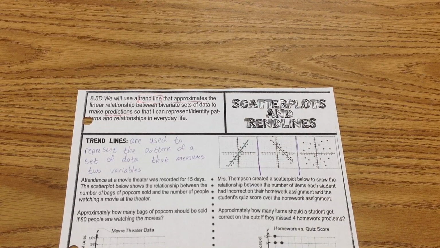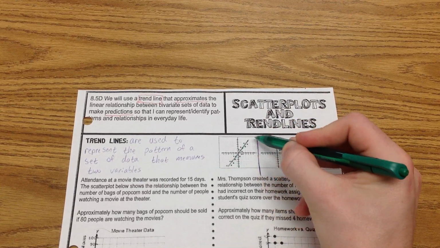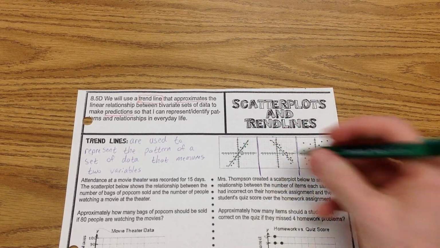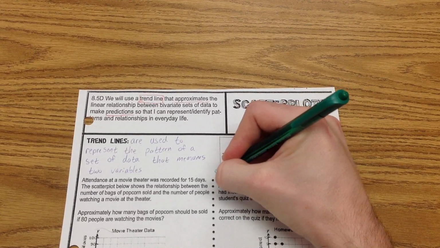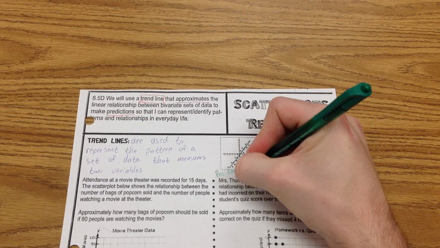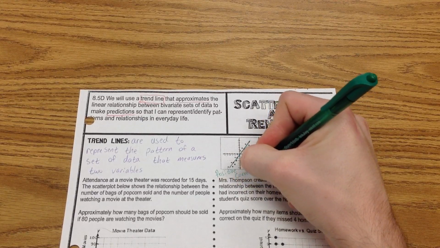And just like with slope, since this trend line is increasing, it's going up from left to right, we say that this has a positive correlation.